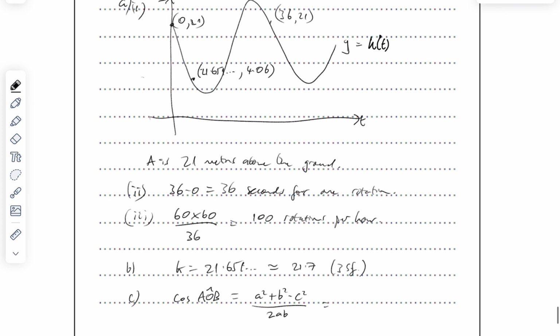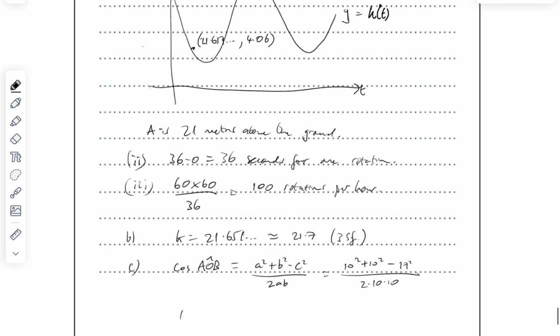Put the values in there: 10 squared plus 10 squared subtract 17 squared over 2 times 10 times 10. And do an arc cosine on that. So we get that AOB is equal to, make sure that we're in radians because the question's in radians, 2.031970 ... which is approximately equal to 2.03 radians.